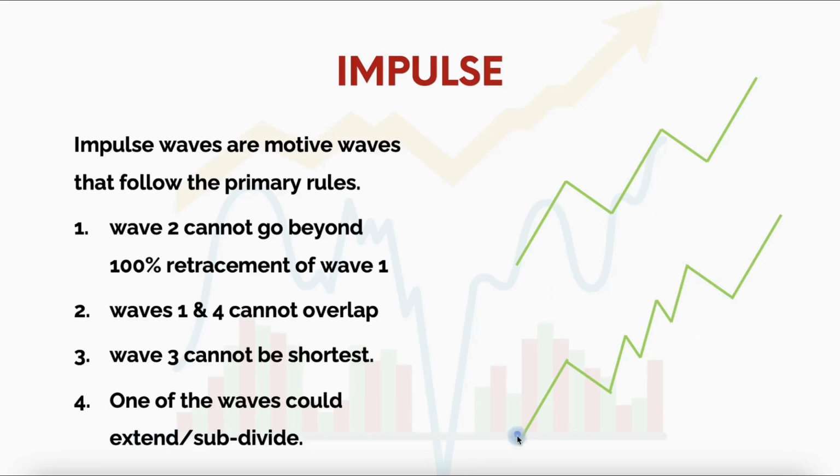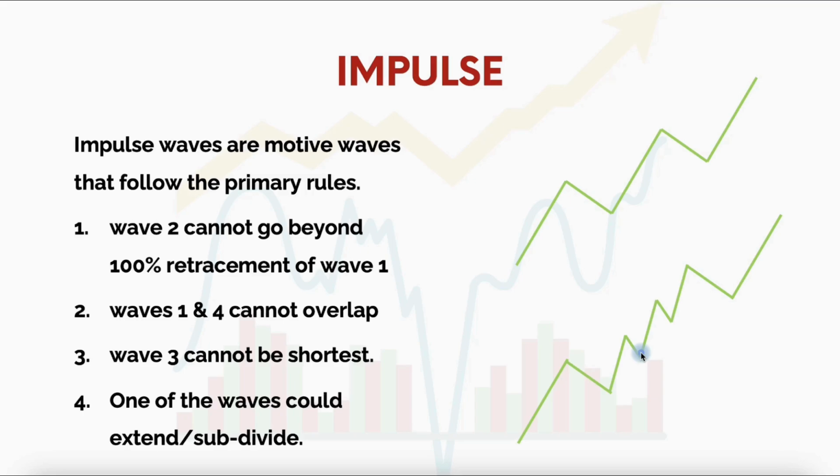So for example, if we take this 5-wave rise, this is 1, this is 2, this is 3, this is 4, this is your 5. So in this you can see within wave 3 we have a 5-wave subdivision, which is essentially a fractal thing, but many times this is clearly visible within the primary time frame that you are looking at in Elliott waves.